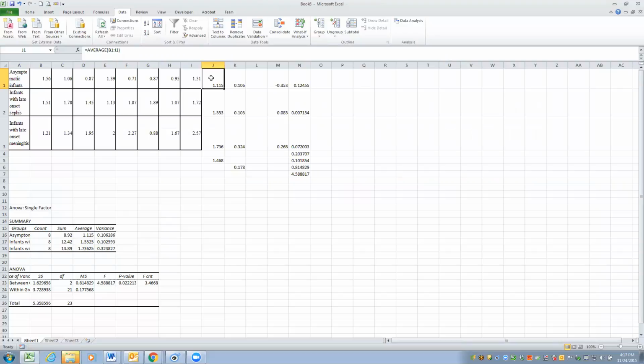And the variances are 0.106, 0.103 and 0.324. So in Excel, I just went ahead and took the average of each of these sets of numbers, and this is the standard deviation of those numbers.